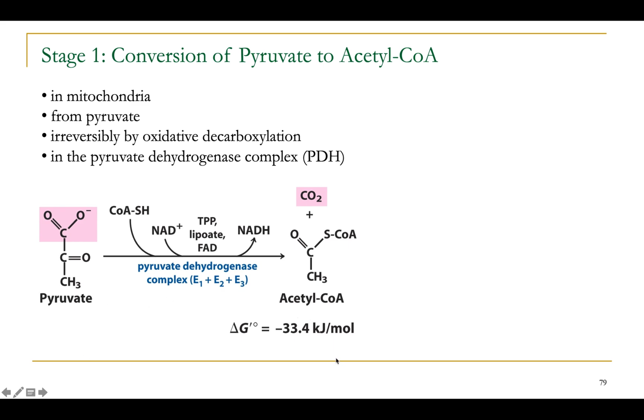In total, in spite of the fact that the thioester of the acetyl group is a highly energetic molecule, this is a very highly exergonic process. So it is virtually an irreversible reaction in the cell.